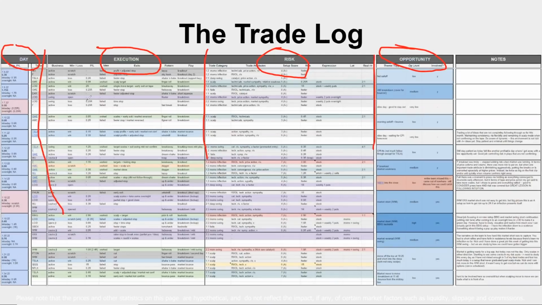So without getting lost in the weeds, you can see that right here, I'm just taking the information from each day, whether it was a win or loss, the P&L, and then everything in this section has to do with my execution, right? And everything in this section has to do with my risk. Everything in this section has to do with the opportunity of the day, or the opportunity level of the day, whether I was in the right opportunity, stuff like that.